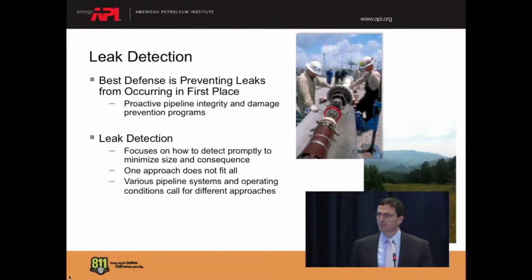One thing to mention, as we heard earlier, is that one size does not fit all situations. Various pipeline systems and various operating conditions can call for different approaches to leak detection. We heard earlier this morning from John Stoody from AOPL about the progress in leak performance.